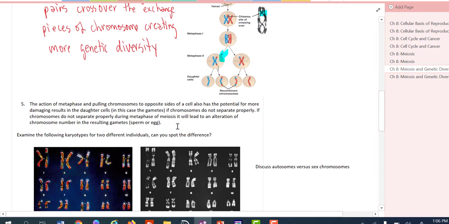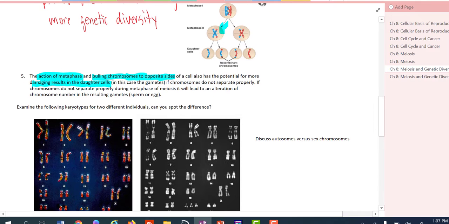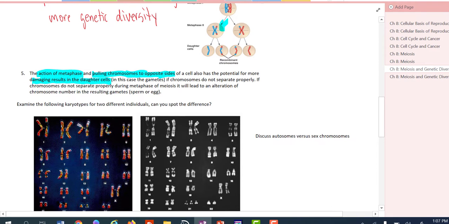Now, there are some other things that can happen in terms of the action during metaphase and the pulling of chromosomes to opposite sides. Sometimes this can happen incorrectly, actually leading to damaging results for the daughter cells, in this case our gametes, right? So if chromosomes do not separate properly during metaphase, this can lead to an alteration in chromosome number.